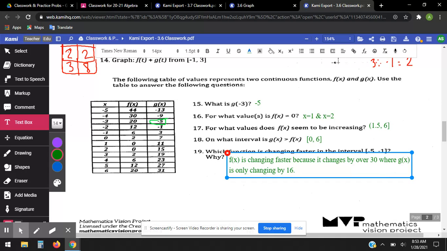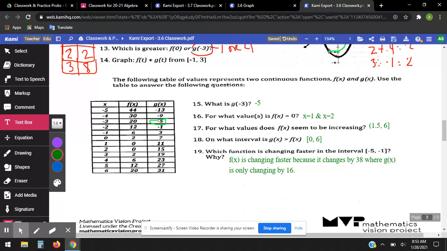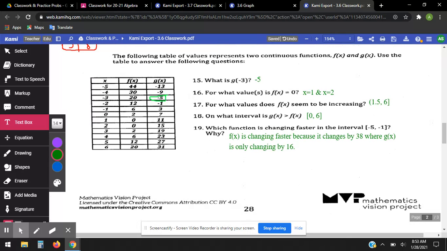So it's definitely twice as fast because 44 minus 6 is 38. So it's changing by 38. We can go ahead and make that more exact: by 38, where g of x is only changing by 16. So f of x is changing twice as fast as g of x.